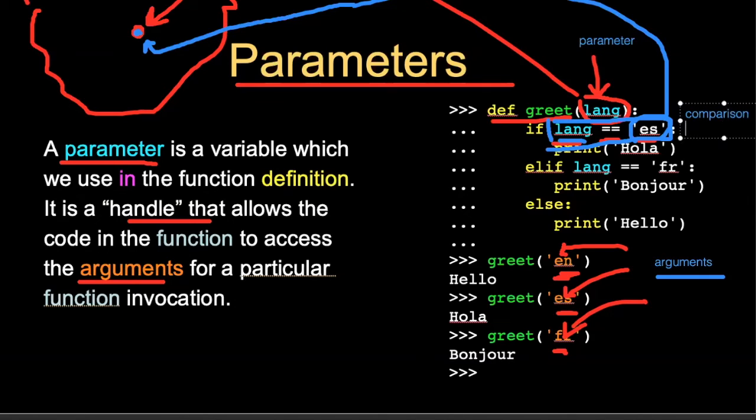Comparison operator, right? If that equals is a comparison operator, what is this entire thing? Lang equals. What is that one? Conditional statements, right?